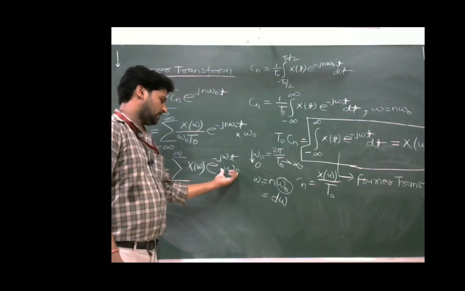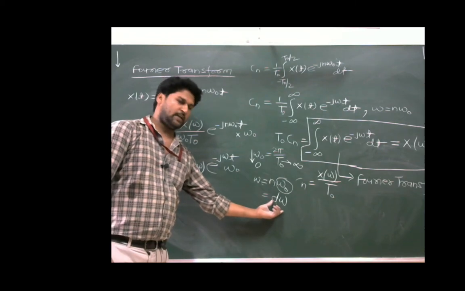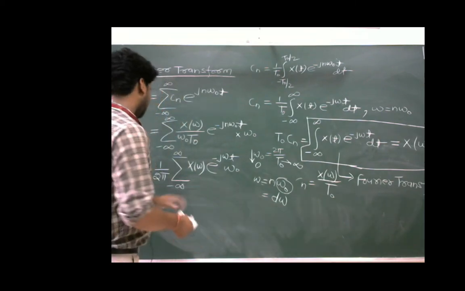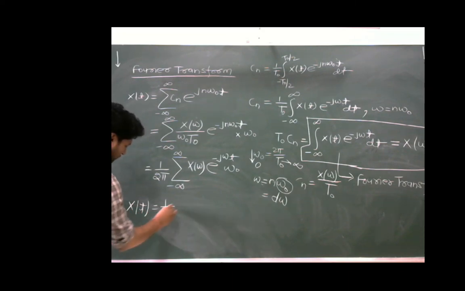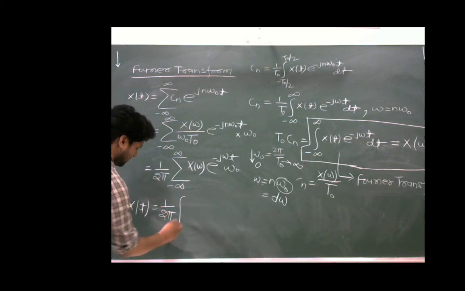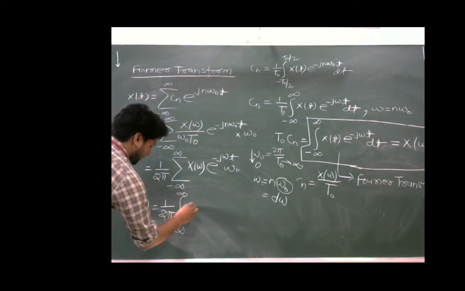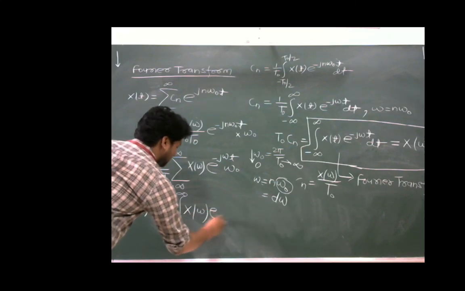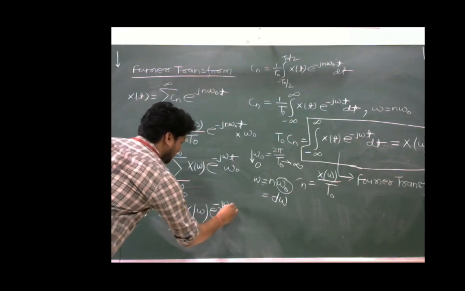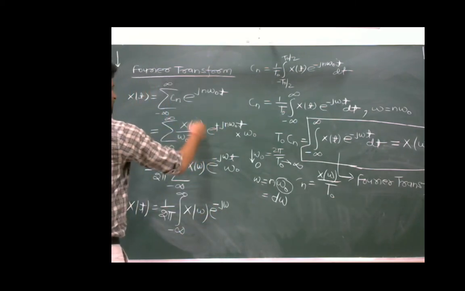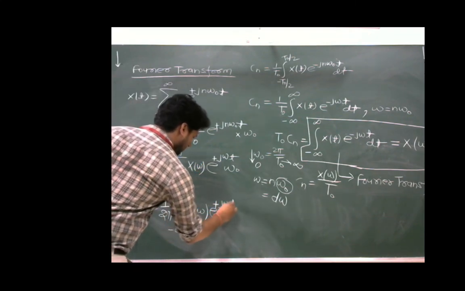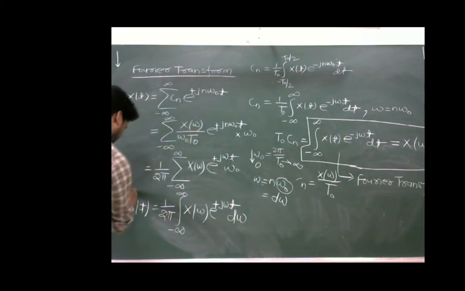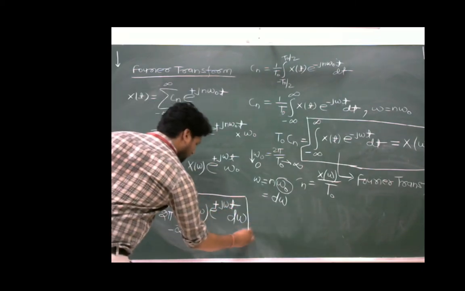When omega is increased by a very small amount d omega, this summation will be converted into integration, and this relation will become x(t) is equal to 1 upon 2 pi, limit remaining the same from minus infinity to plus infinity, X of omega e power plus j omega t d omega.